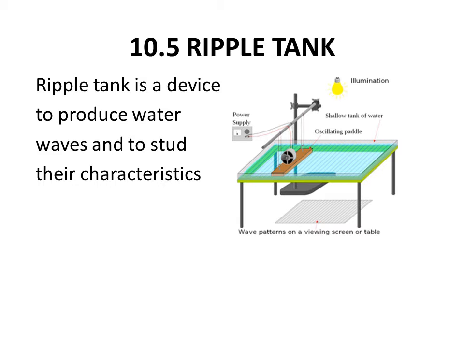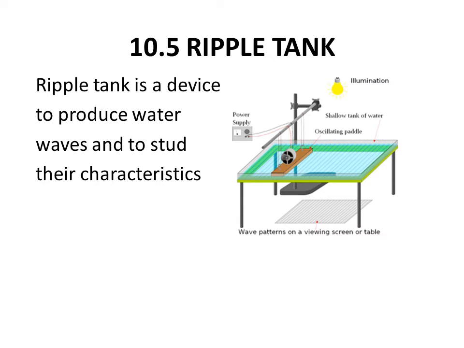Now we can explain the reflection of water waves with the help of the ripple tank. Place a barrier in the ripple tank, and the water waves will reflect from the barrier.